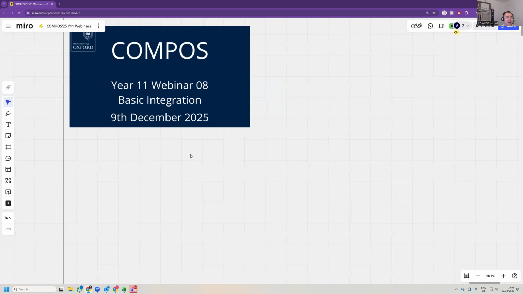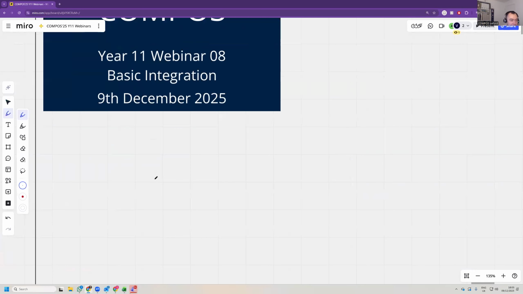So integration is basically the anti-differentiation. It's the opposite of finding the derivative. So, for example, we know that the derivative of x squared is 2x. It means that the integral of 2x is x squared.